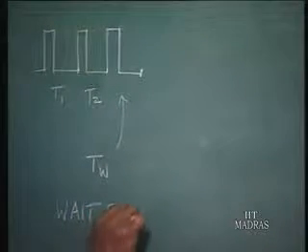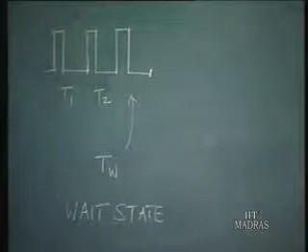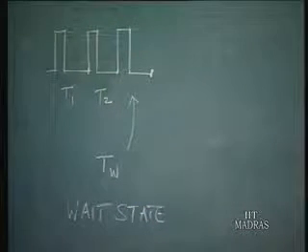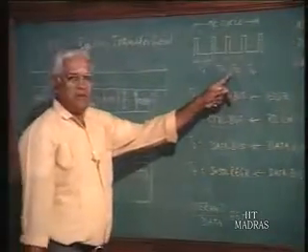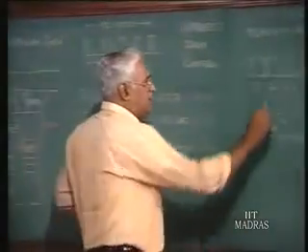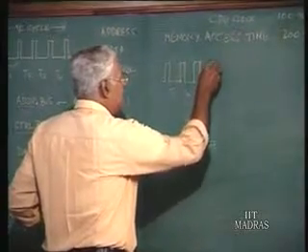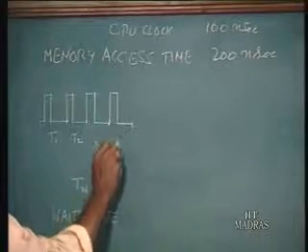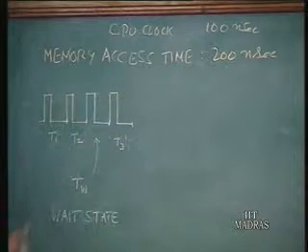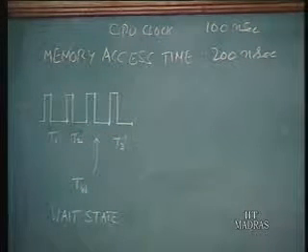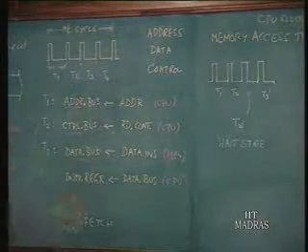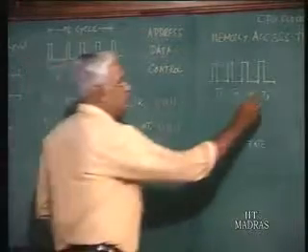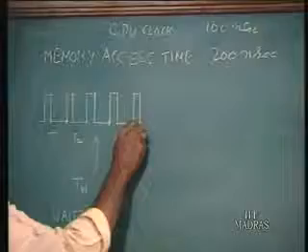Basically it means it is not ready. In this case one more state is enough, and then we can continue. Then essentially what we have here is the T3 part, but it is not the same as T3, it is extended, right. So I will just call it T3 prime. It is different because the wait state has come in, and so on. Agreed?